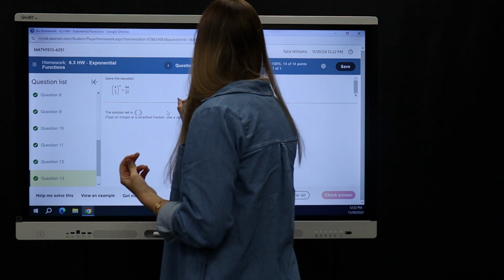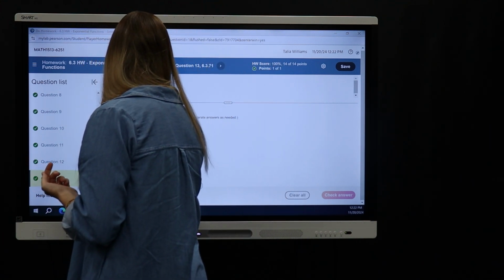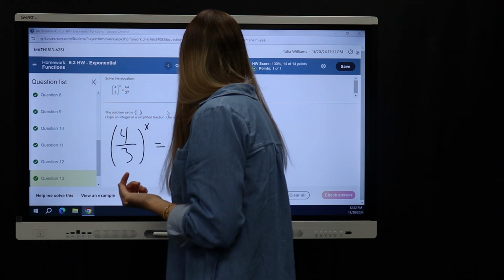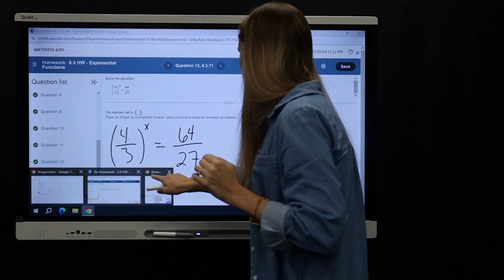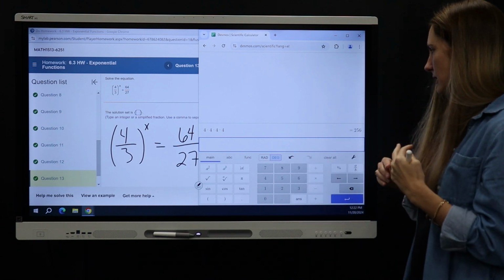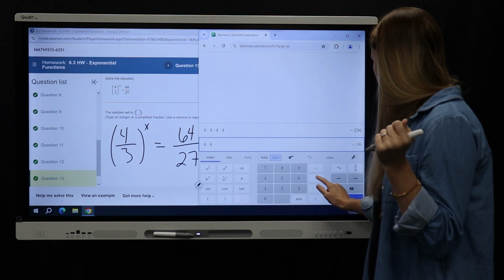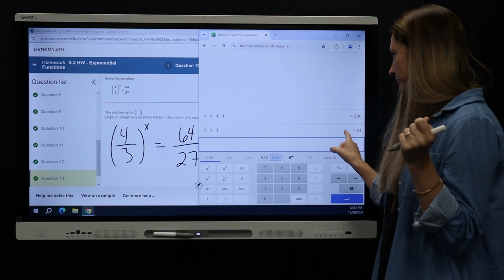Okay. So I'm going to write it over here for when I pull the calculator up now. 4 over 3 to the x power equals 64 over 27. All right. So since 4 and 3 are like the bottom, we're going to see 4 to what power is 64? 4 times 4 times 4. It's going to be 64, so we're going to remember that.